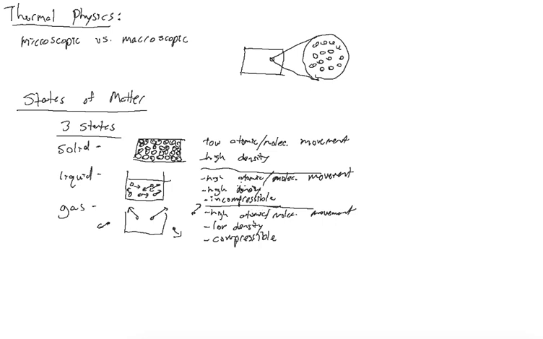In reality, these three states don't do it justice. There's actually a lot more states of matter, including just solid ice. If we freeze ice, there's actually a bunch of different crystal structures that can form, and each one of those crystal structures is actually a different state of matter. And when we talk about phase changes, changes between the states of matter, there are actually phase changes that occur between them.